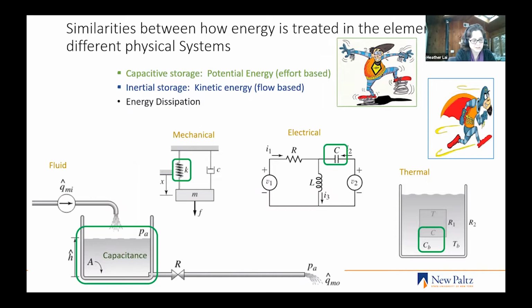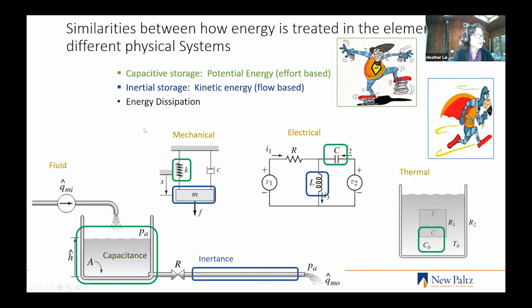And so he's storing energy due to motion as well. And so once again, I'll have the students all work together with me to identify which of these different elements show up here. You'll notice that in the thermal system, there is no kinetic energy storage, right? So that's an interesting thing. That's really the only difference between the three systems.